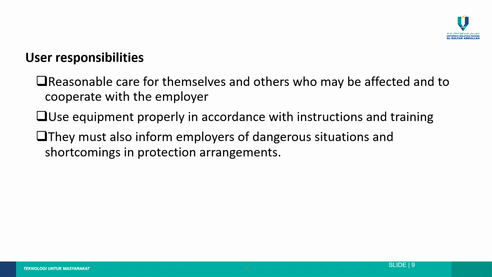They shouldn't use the equipment outside the scope of the equipment. And before or while using the equipment, when they do the inspection, if they notice certain unsafe conditions, they should report it to the employer so that they can prevent the equipment from being used, and prevent the damage from causing any injuries or ill health to other workers.